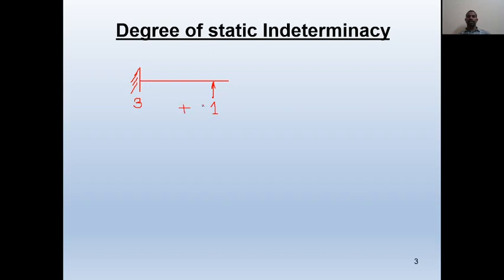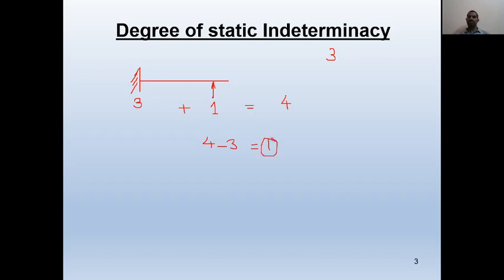If you observe these two, the total number of unknown reactions for a propped cantilever beam is 4, whereas we have only three equilibrium equations. So simply 4 minus 3 will give you 1. That means a propped cantilever beam is statically indeterminate of first degree.